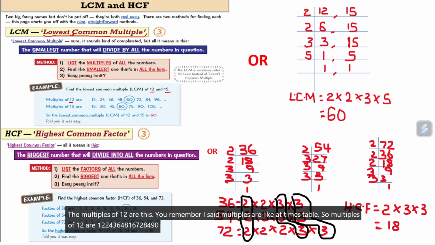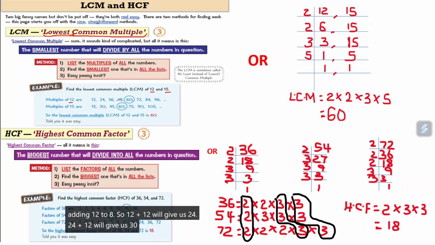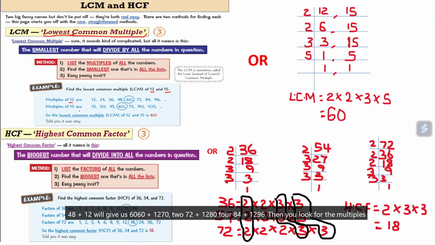If you notice, you keep adding 12 to it. 12 plus 12 will give us 24. 24 plus 12 will give us 36. 36 plus 12 will give us 48. 48 plus 12 will give us 60. 60 plus 12, 72. 72 plus 12, 84. 84 plus 12, 96.